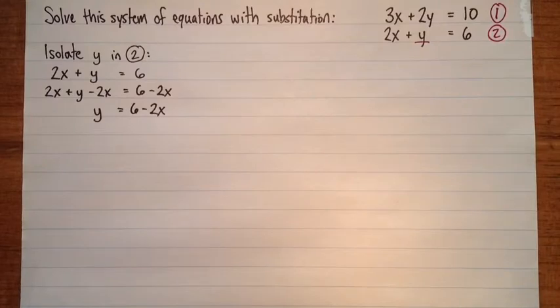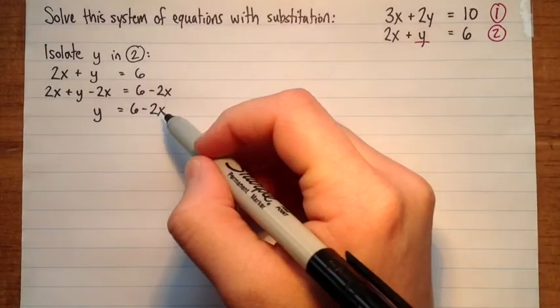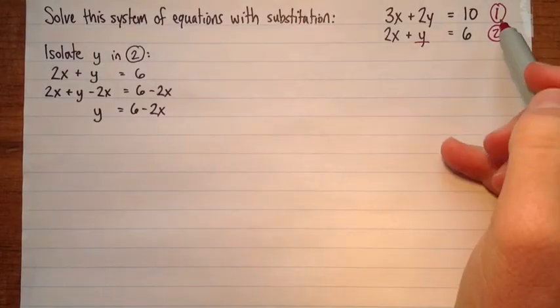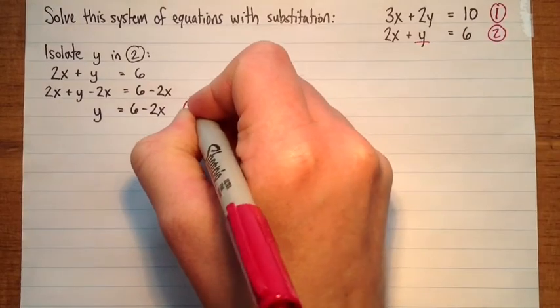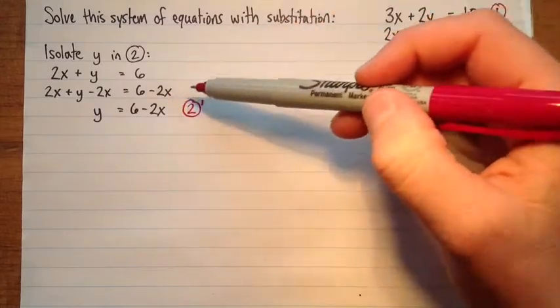This is what we're going to use to substitute into the next equation. So this is an important equation, but it really is just equation 2 rearranged. So I'm going to give it a name because I want to be able to refer to it, but just to show that it's the same as equation 2 rearranged, I'm going to call this 2 prime. That's just a little apostrophe, but to read it you say 2 prime.